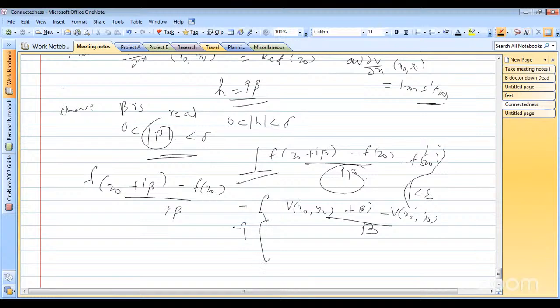That is v of x naught, y naught plus beta minus v of x naught, y naught, divided by beta.